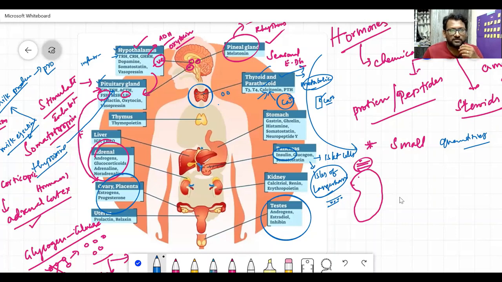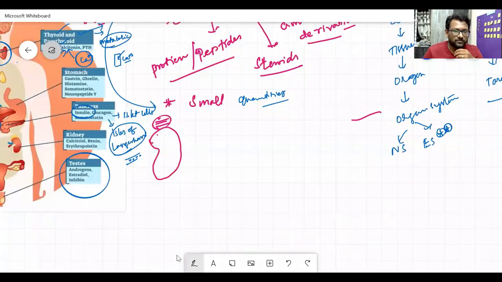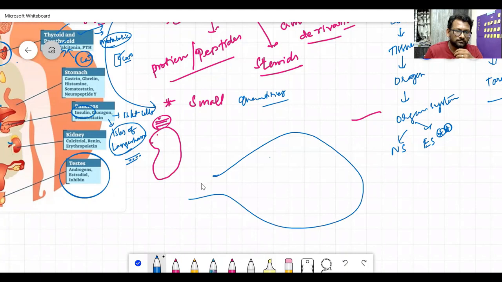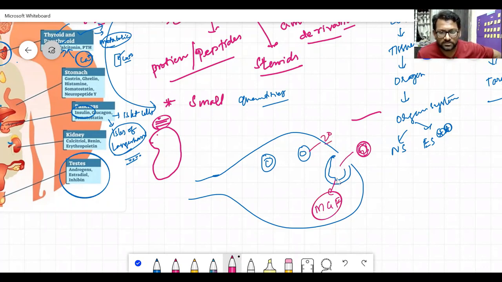So progesterone is secreted by corpus luteum. If you see the ovary structure, it contains follicles. And a mature ovum would be released from the mature Graafian follicle. So secondary, tertiary, there are follicles.